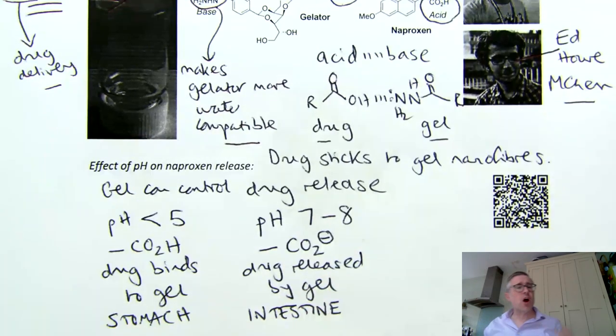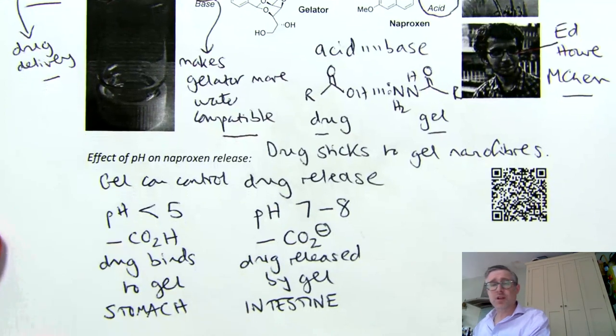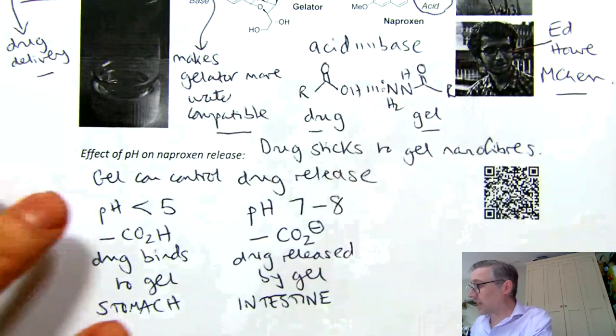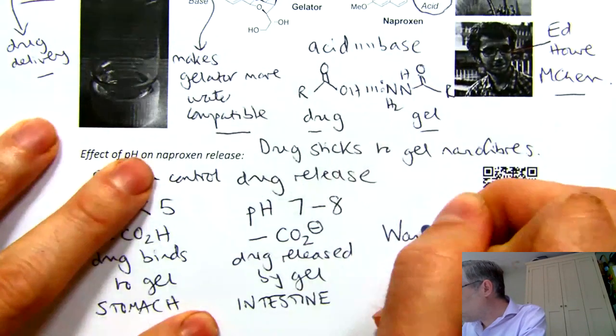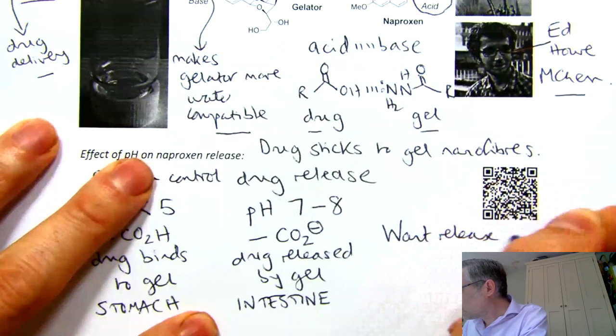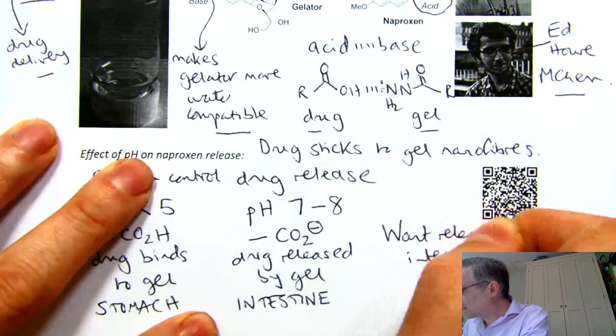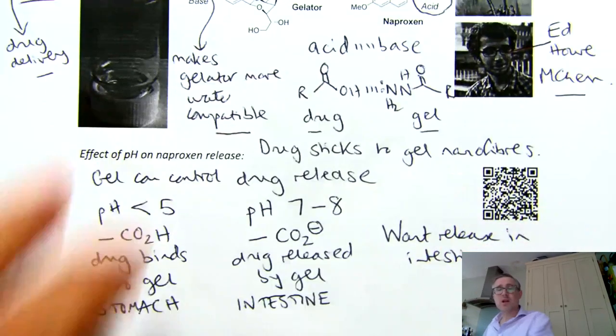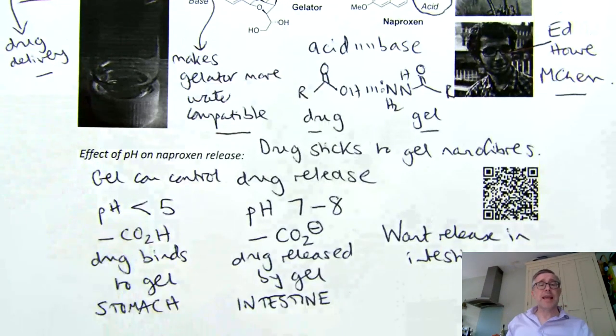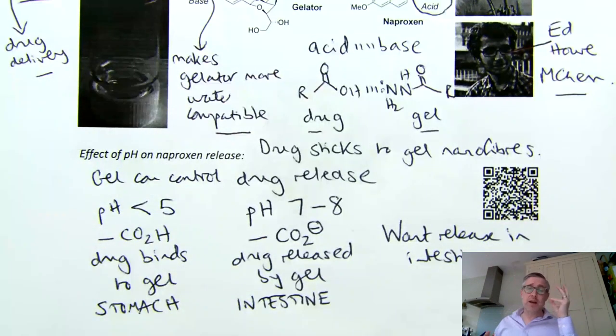And for those of you that know your human biology, when you take a tablet orally, it first of all goes into the stomach, then it goes into the intestine. And the important thing about drugs like naproxen is we want release in the intestine. The reason is naproxen is an anti-inflammatory painkiller.